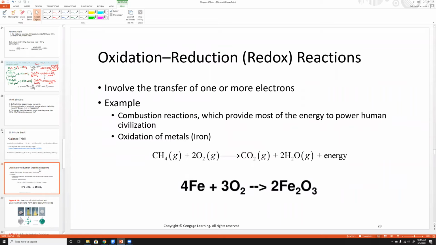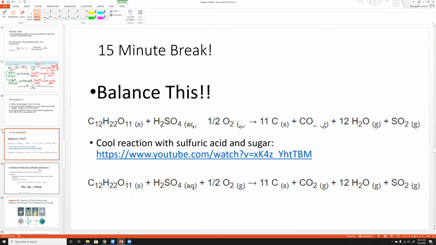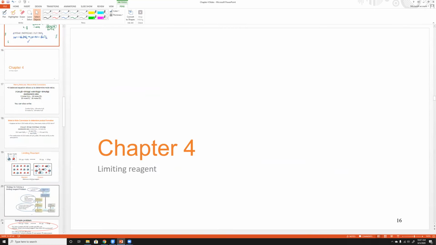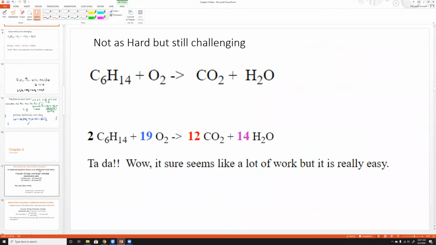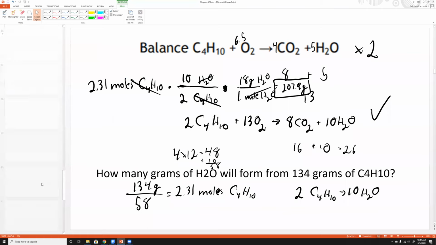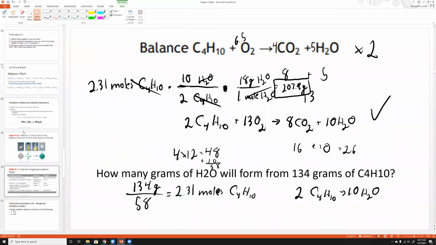In essence, the equations we've been dealing with so far, if we had ionic bonds, the charges on the left and right side of the equation have been staying the same, or there haven't been charges at all. There were some ionic ones before, and I think some of those were redox.